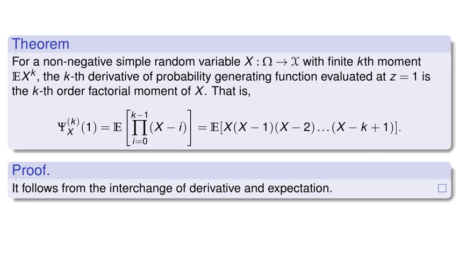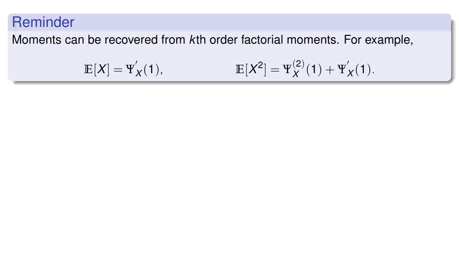The proof follows from interchanging differentiation and expectation, or summation in the discrete case, which is generally permissible here. As a reminder, we can recover the regular moments from these factorial moments. For instance, the first moment, the expectation of X, is simply the first derivative psi sub X prime evaluated at 1.